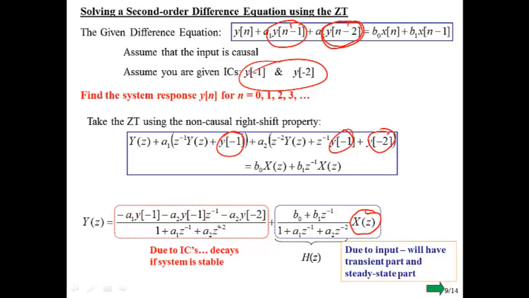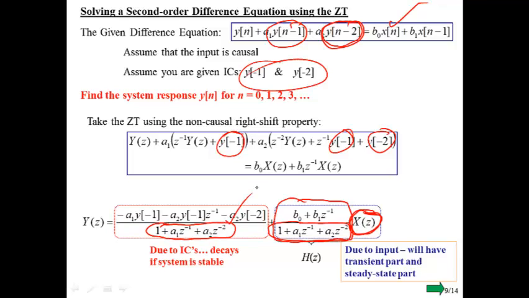And notice that the thing that multiplies X of z is H of z, and we can pick that off by looking up at our difference equation. But the important thing to notice is that the denominator over here in the IC driven part is the same denominator as in our transfer function.